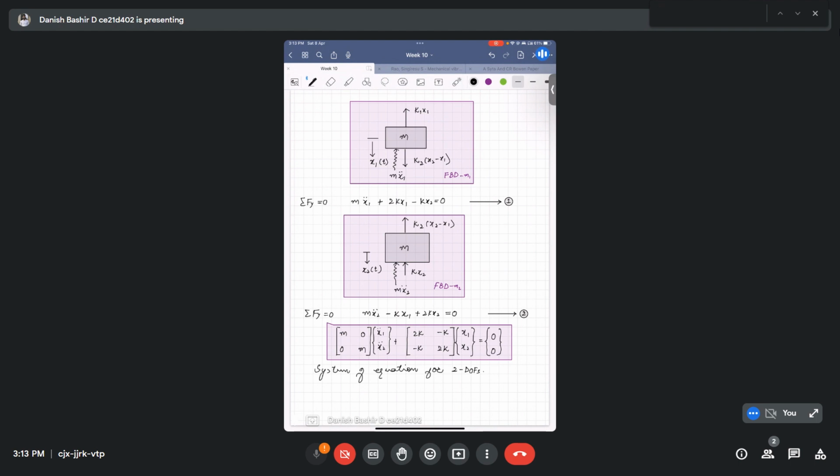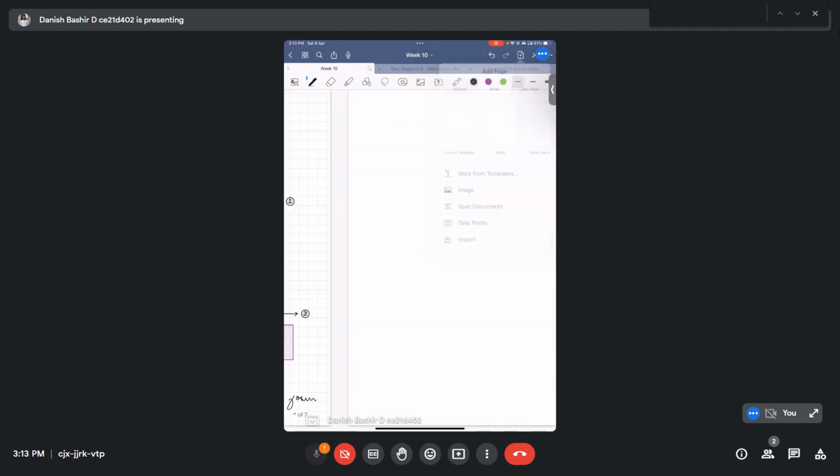We'll make one assumption, same as I assumed last week: assuming the solution to be harmonic, of the form displacement xi of t, for i equal to 1, 2, is equal to amplitude xi cos(omega t plus phi).